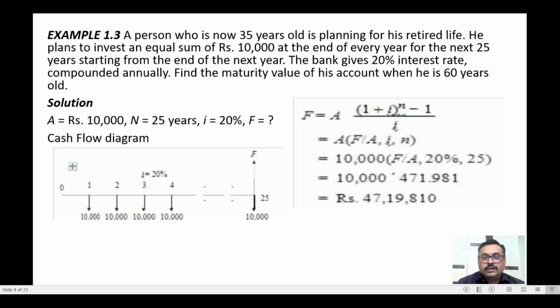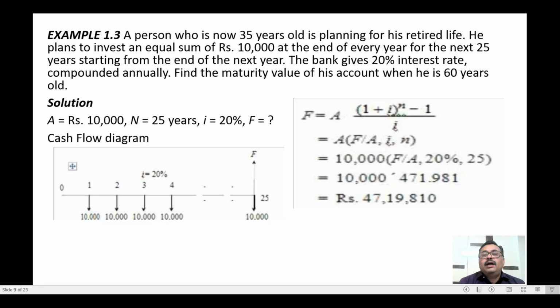The formula which we can use, F is equal to A into (1 plus I to the power of N minus 1) divided by I. It can also be represented as F is equal to A into F by A comma I comma N, where A is given, that is 10,000 rupees.